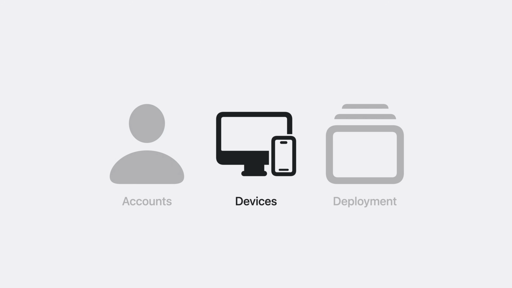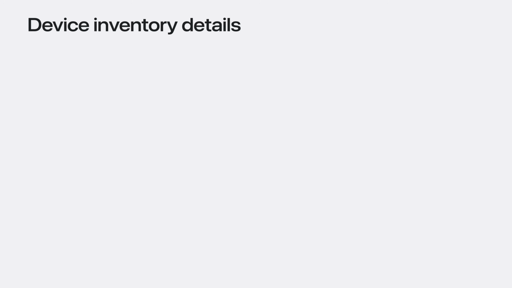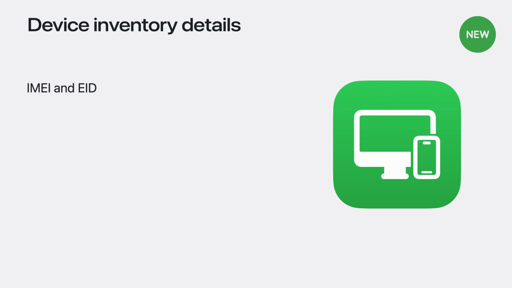Next, let's talk about device inventory. We've been adding more information to devices in your organization, like activation lock status and device storage. And earlier this year, we added cellular information, including IMEI and EID. We're also expanding the information for released devices to include who released it and when.